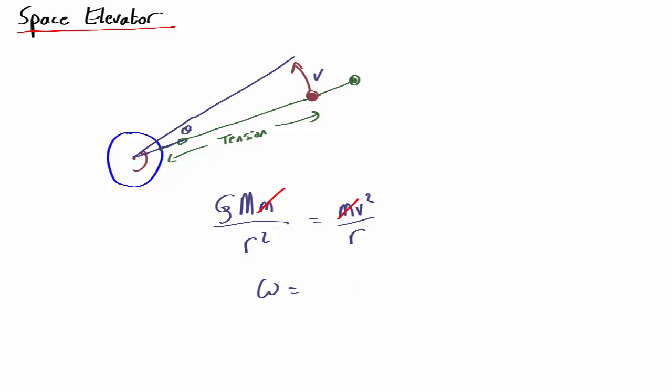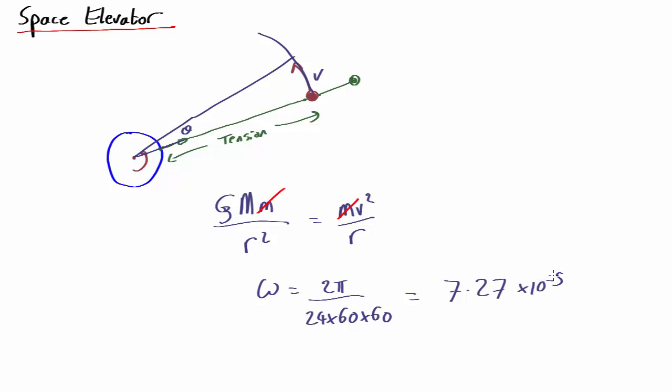And the linear velocity here, v, once theta goes from 0 to 2 pi, it'll go a distance of 2 pi r all the way around the circumference of the circle here. So omega has got to be 2 pi over 24 hours, which is 24 times 60 times 60, equals 7.27 times 10 to the minus 5.